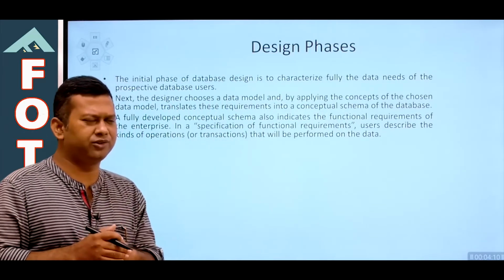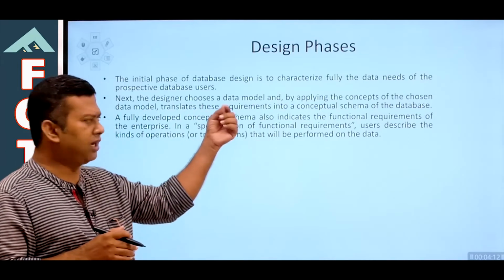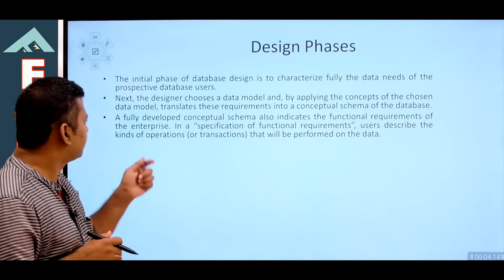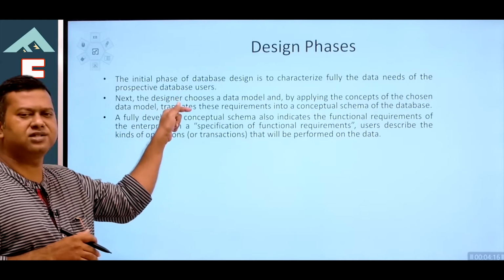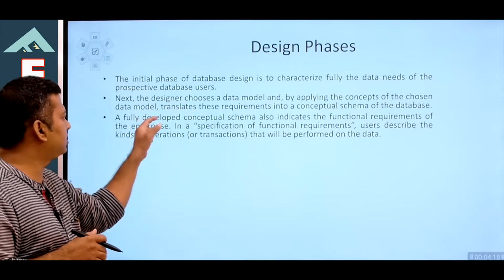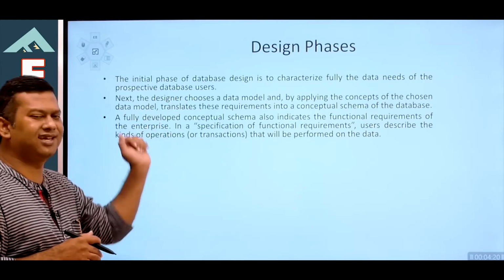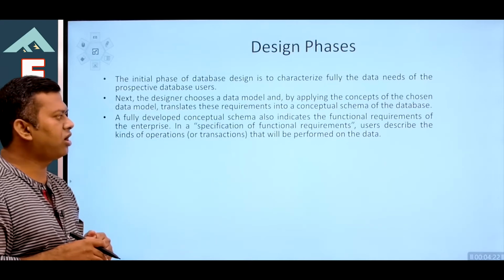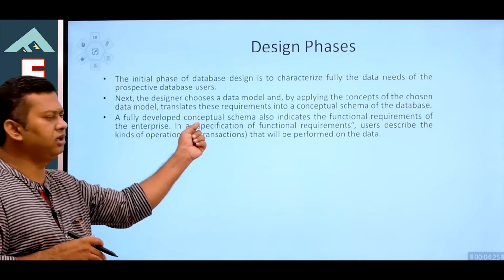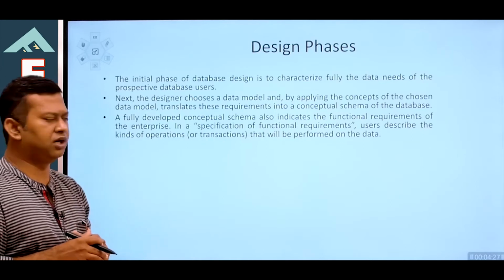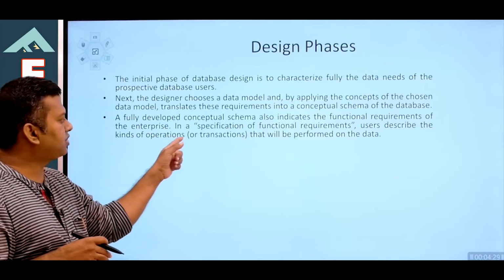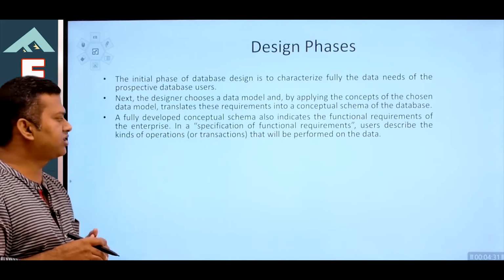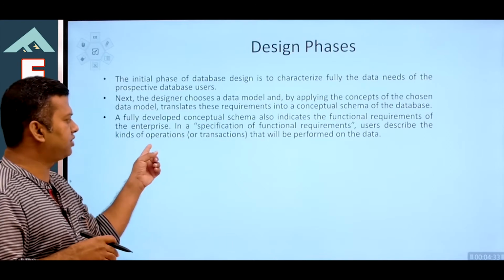I'll explain it very simply. So first we have to characterize fully the needs of all end users. Next, the designer chooses a data model and applies the concepts of the chosen data model to develop the logical schema. A fully developed schema indicates the functional requirements of the enterprise, right?